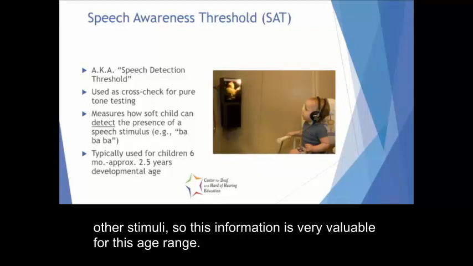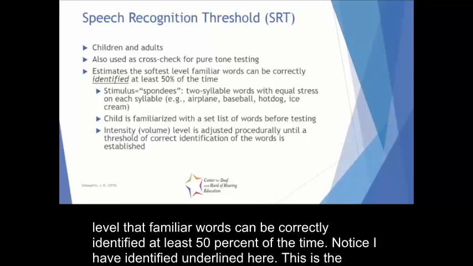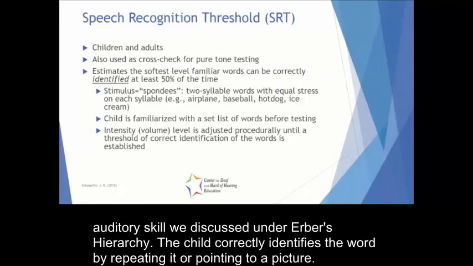A speech recognition threshold can be used with both children and adults. It's a cross-check for your pure tone testing, and it estimates the softest level that familiar words can be correctly identified at least 50% of the time. Notice I have "identified" underlined here. This is the auditory skill we discussed on Erber's hierarchy.